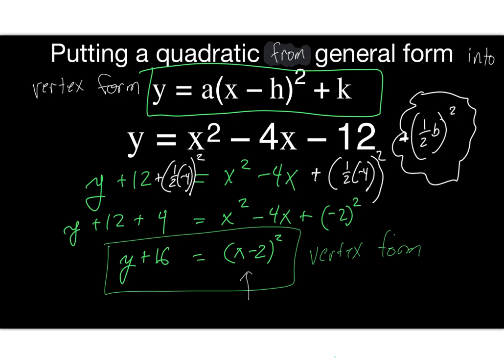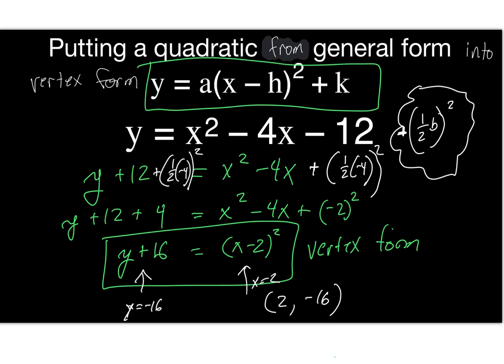What makes that 0? If x is 2, it makes that 0. What makes this 0? Y is negative 16. Negative 16 plus 16, so negative 16.